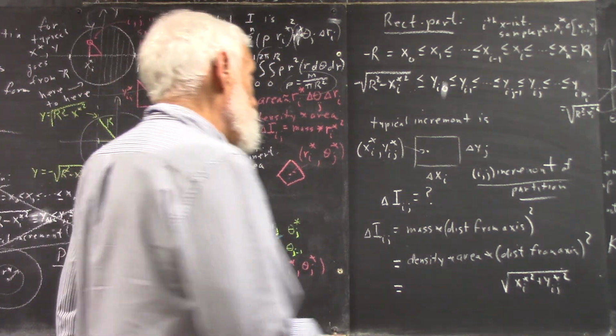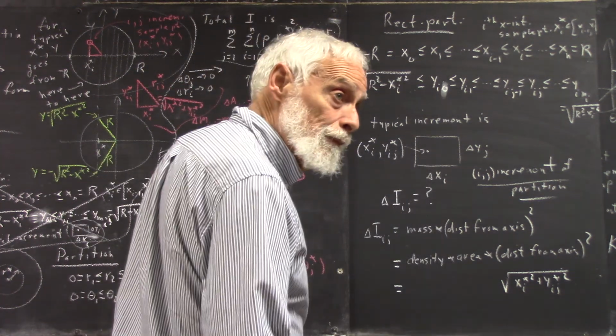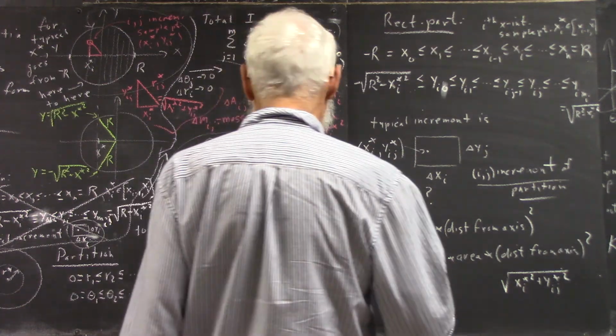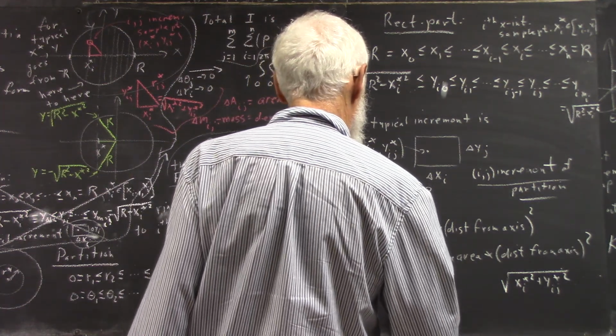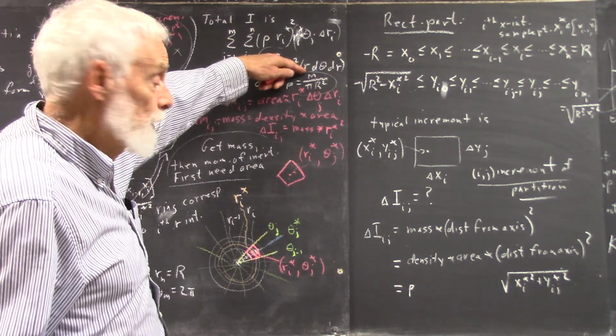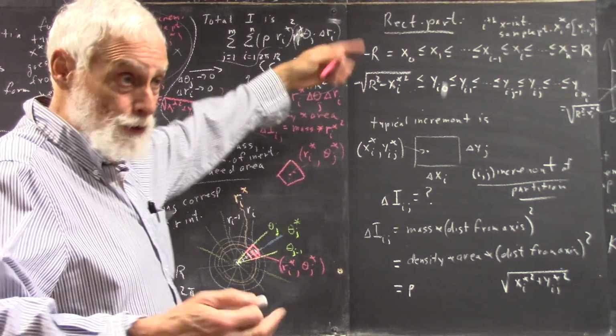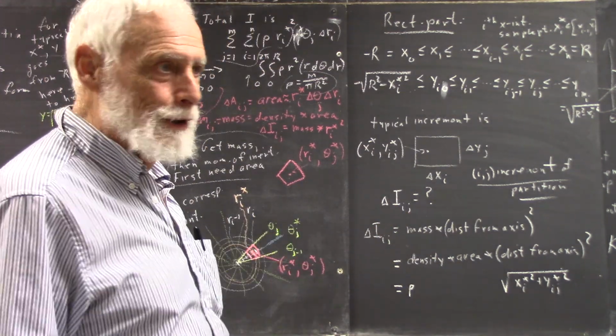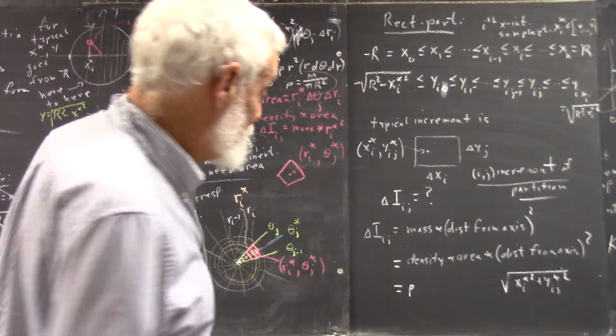Often it is. Now, what's the density? Well, density is just the same as it was before. Rho. Yeah, we'll call it rho. And in the specific problem that we did, rho would still be m over pi r squared. That doesn't change with your coordinate system. Your density, your mass per unit area is what it is. Okay?